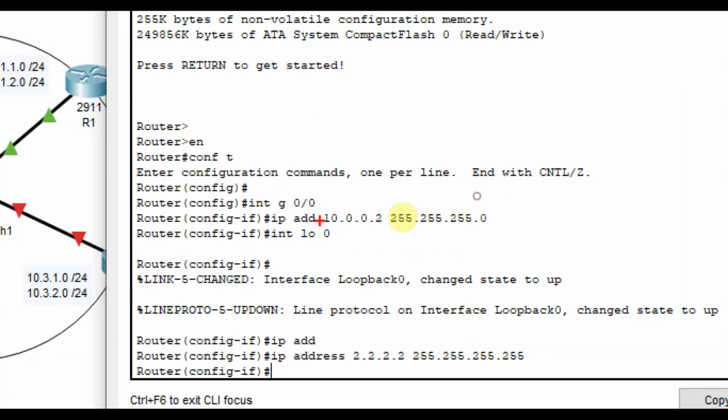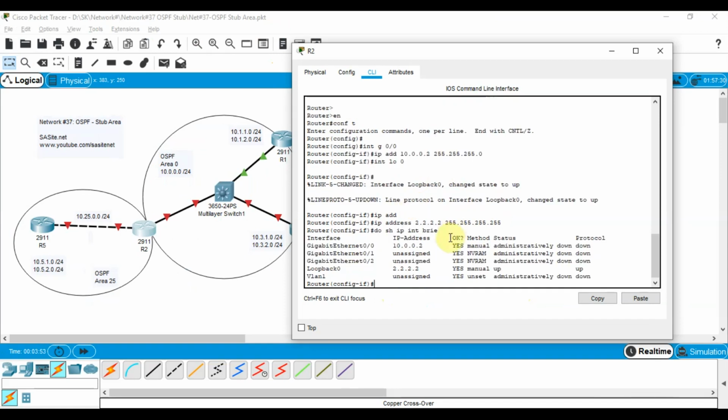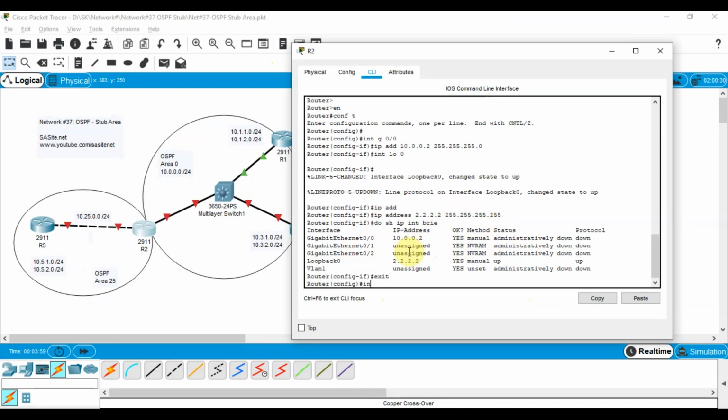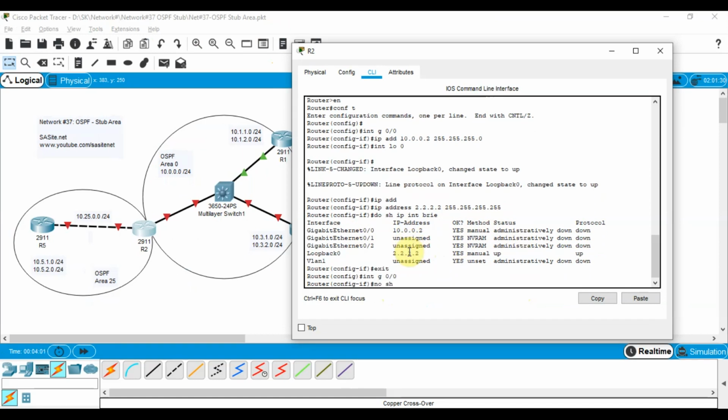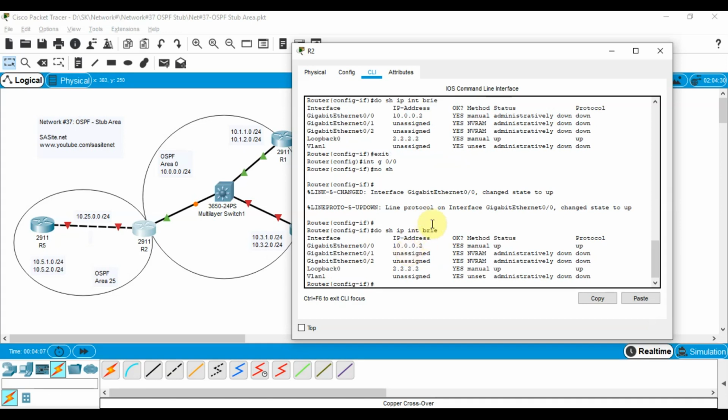Let's take a look at the config: IP address on a physical interface and loopback interface. So do show ip interface brief. Okay, we didn't enable the physical interface, so we go back to interface gig 0/0 and no shut, as a best practice. Now everything is up and running. Very good.